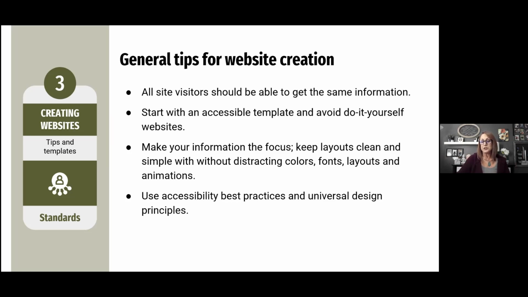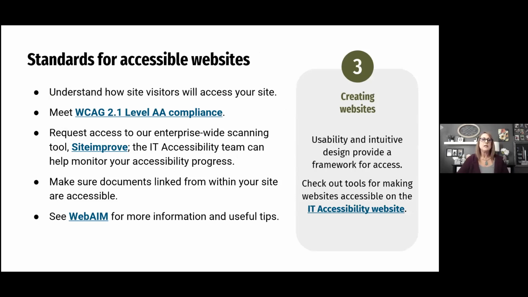So you want to just make sure when you're developing the website that the navigation is intuitive, that folks can really know where they're going and know how to get there from your layouts without being distracted by wild colors or crazy fonts. You want to just make sure things are clean, concise, and then using the universal design principles and accessibility best practices, some of which we'll go over here in a second. So the standards we use, again, are WCAG 2.1 level AA compliance.